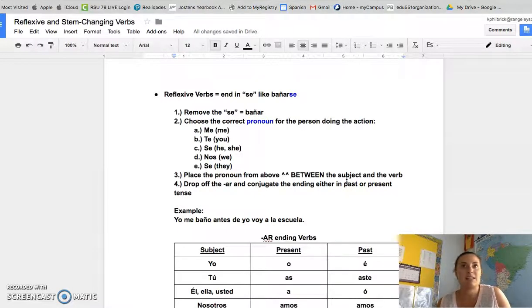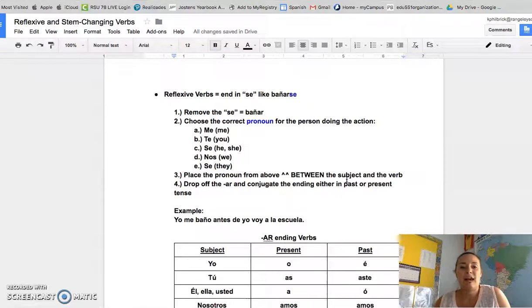Maquillarse is not stem changing. Tomar una ducha is not reflexive. But if you use the verb ducharse, they both mean to take a shower. That one is reflexive. So you got to figure out what verbs you're using first.